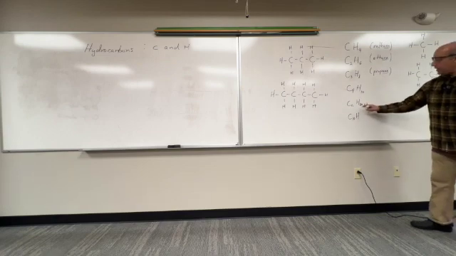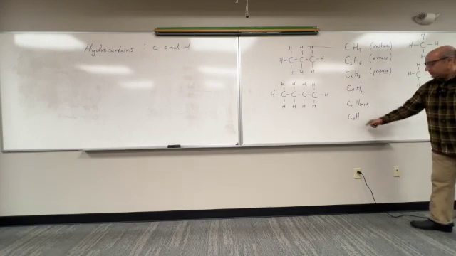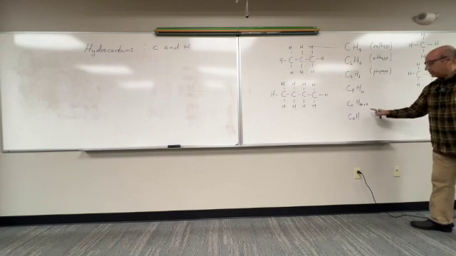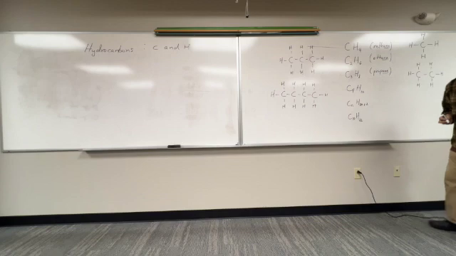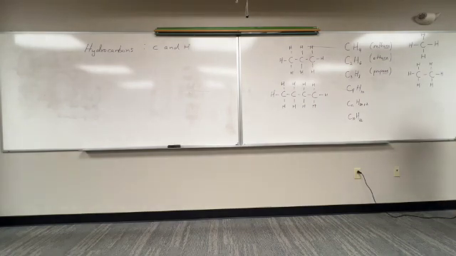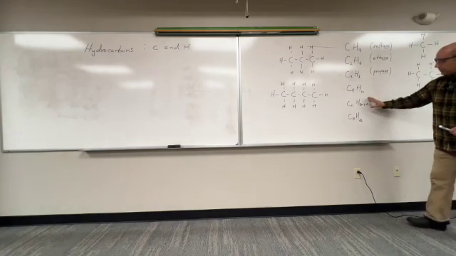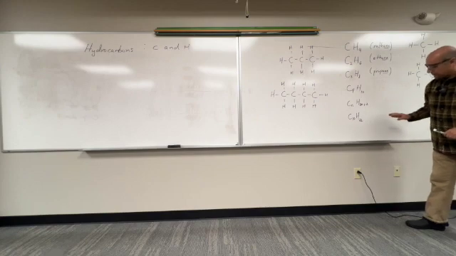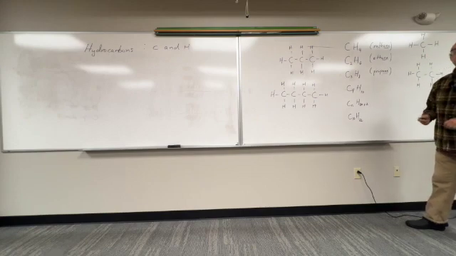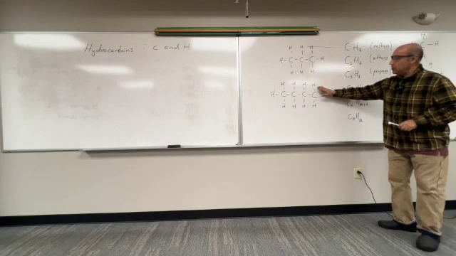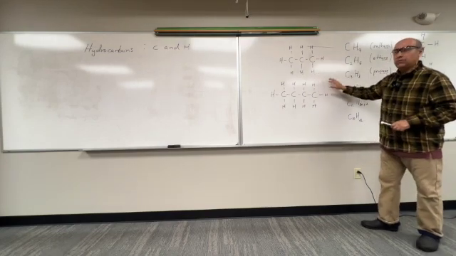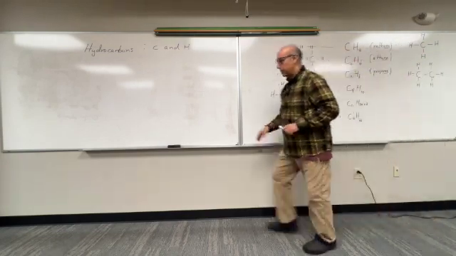N is equal to 10. So 2 times n is 20 plus 2, it's 22. Yes, and that's for real. Now, you don't need to memorize this, of course, but it's very useful because you can write the chemical formula of any of these without having to draw all of these huge molecules.